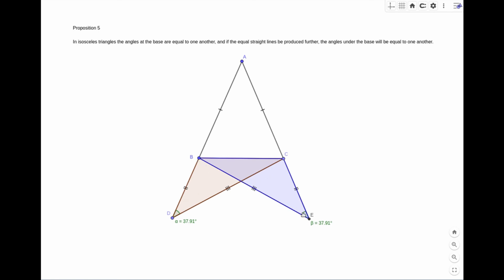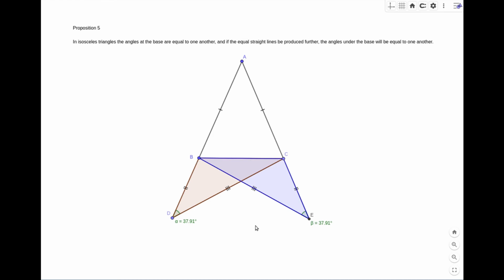So side BE is going to be congruent to side DC, and side CE is going to be congruent to side BD, and we also know that our angles out here at E and D are also going to be congruent as well. And so one more time, by our side angle side congruence theorem, our proposition number 4, we know that our triangles BCD and BCE are going to be congruent as well.